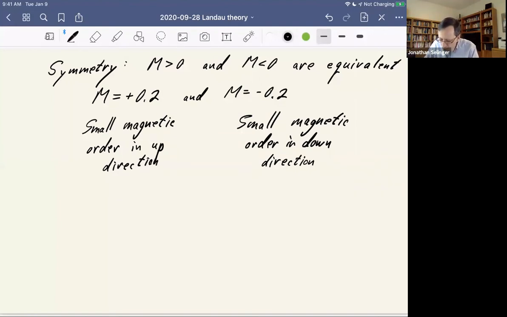And so because of the symmetry of this system, these are equivalent physical states. So they should have the same free energy.